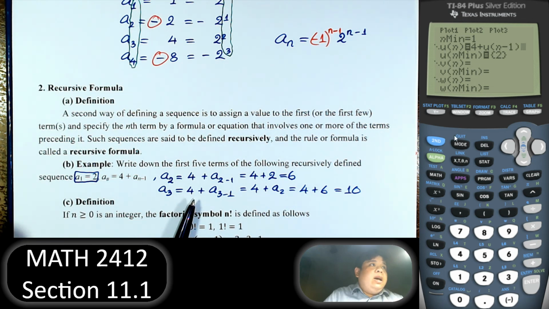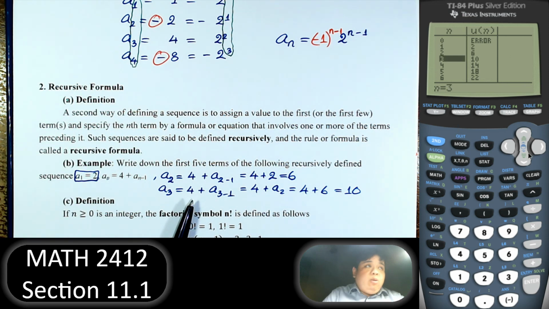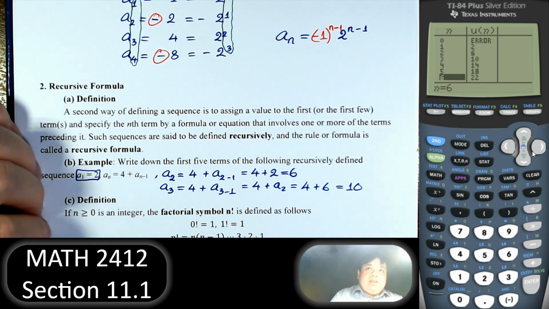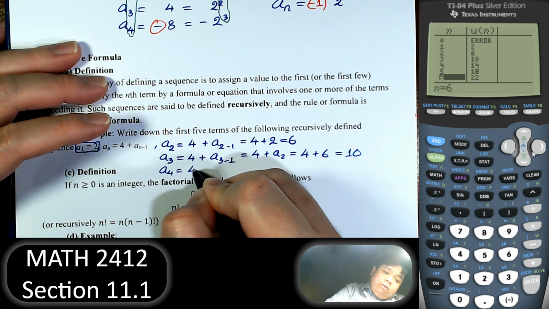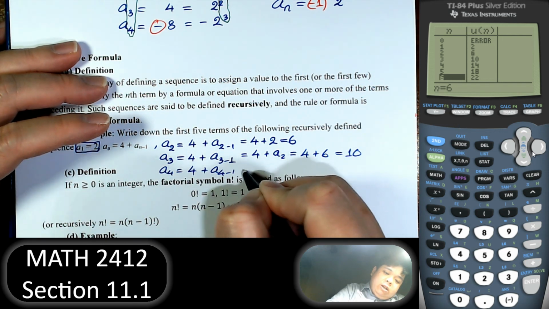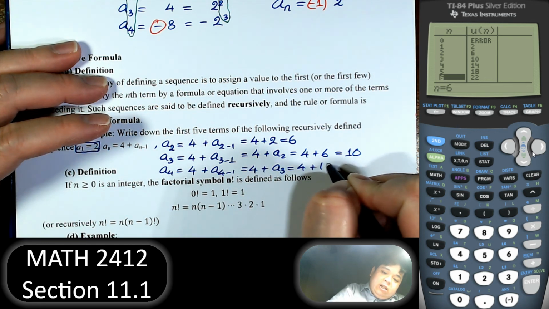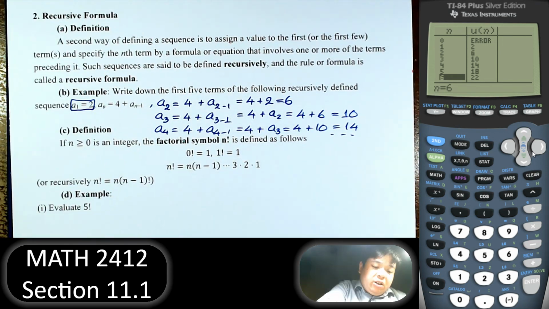Alright, and then go to the table. Right, have 2, 6, 10, 14, and 18, and 22. Pretty much we just add 4 to get from this term to the next, and of course just keep doing that. A4 is going to be 4 plus A of 4 minus 1, or 4 plus A3, 4 plus 10 is 14, and of course we can just keep going to the 5th term.